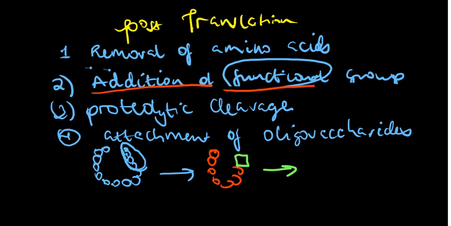To cleave something is where you just cut it. So this is going to be cleaved. If this is being cleaved, you have something like this now. It will have two parts, one that we can call the alpha chain, the other one that we can call the beta chain, because this has been cleaved. Then we'll have attachment of oligosaccharides.